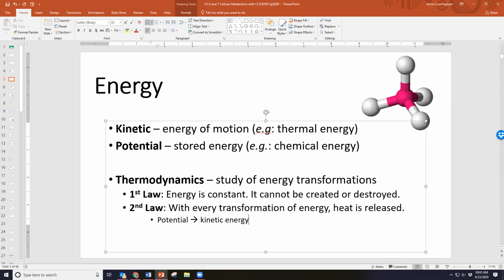It is a type of energy, just not usable energy for metabolic purposes. So when you break a chemical bond, you release some usable energy, but you also release some heat, which is not necessarily usable in metabolic processes. It can help though, as we'll talk about.